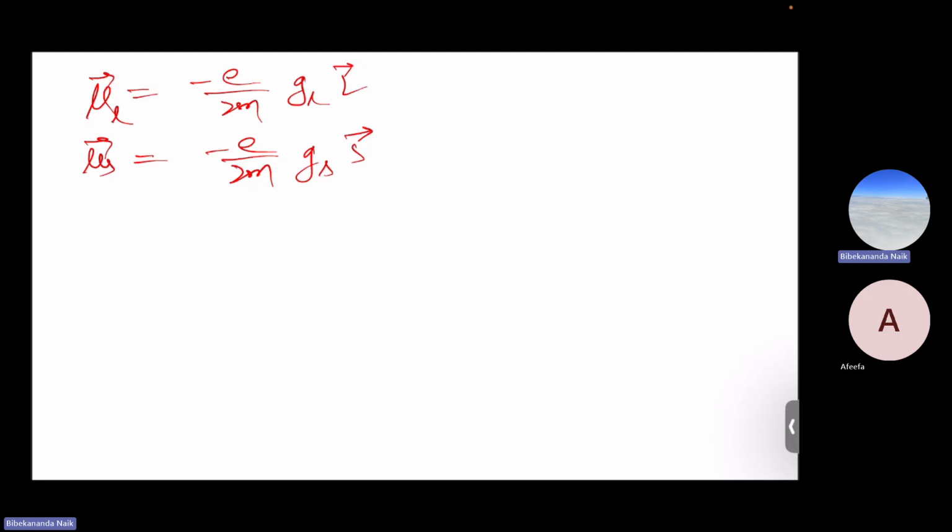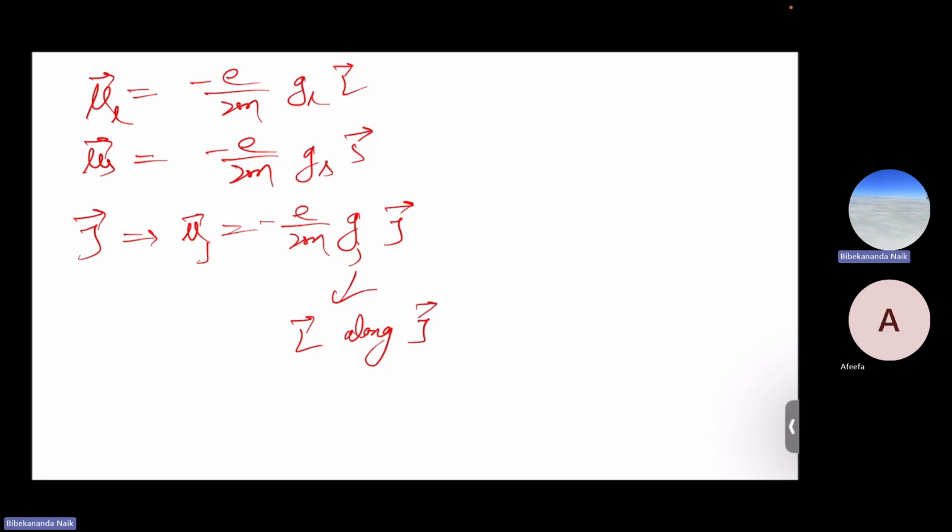Similarly, for the J vector, mu J vector is minus e by 2m gJ J vector. So gJ is basically the contribution of L along J and the contribution of S along J. If we calculate, we can get the expression for the Landé g factor.